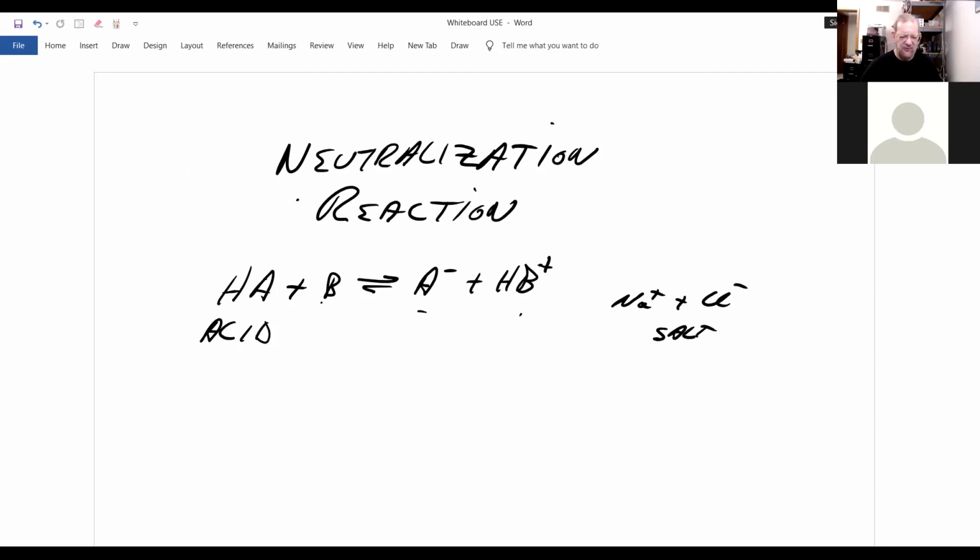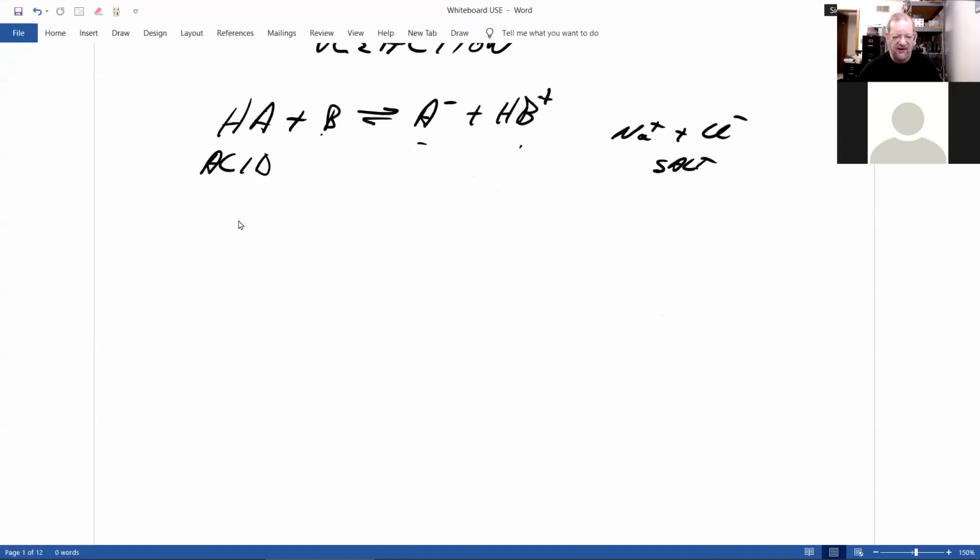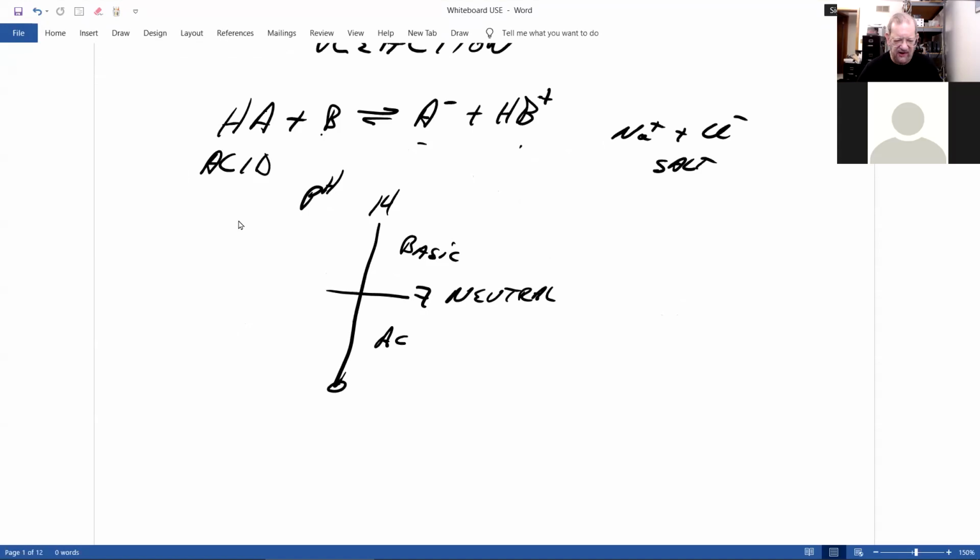Well, what happens when you do this is you're neutralizing it. Why do we call that? Because if you start out with an acid, remember pH, I taught you yesterday, it's a scale that goes from 0 to 14. At 7, you have a neutral solution, or neutral pH. Above 7 is basic, and below 7 is acidic.